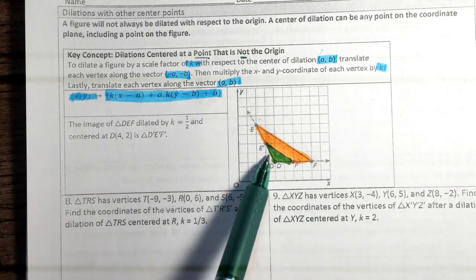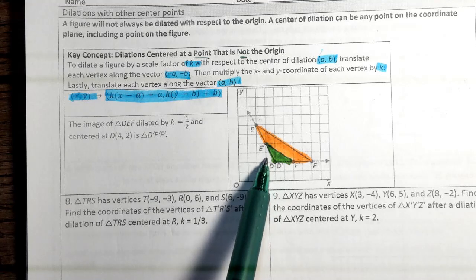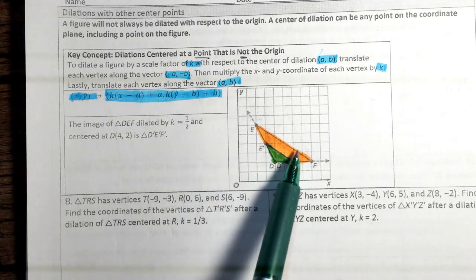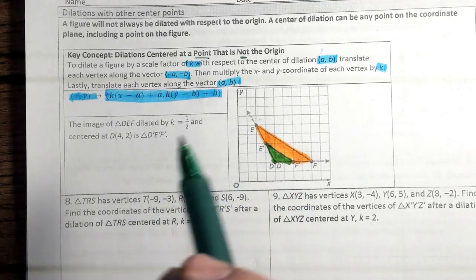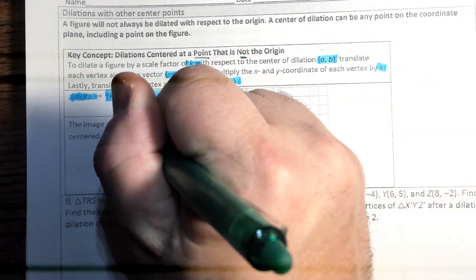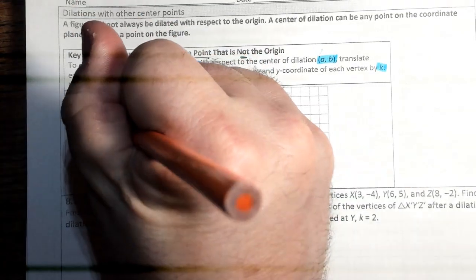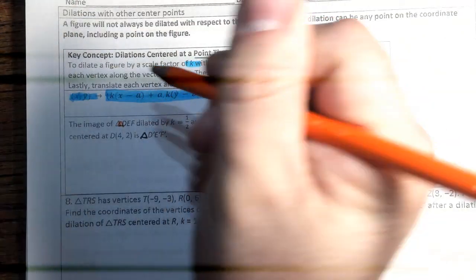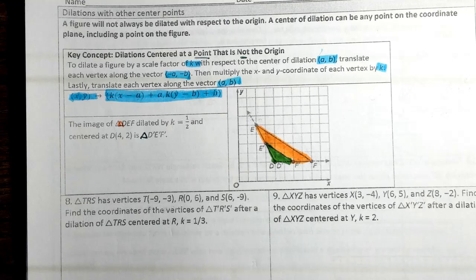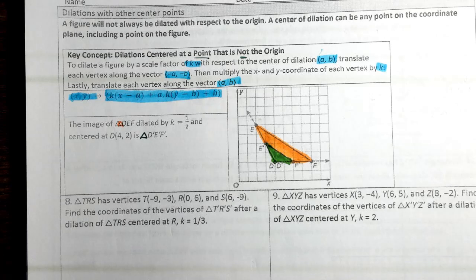Like over here, DEF is dilated by a half. I did it backwards, dang it, I knew it was going to happen. Here's DEF, and here. We started out here and dilated in, so it multiplied.